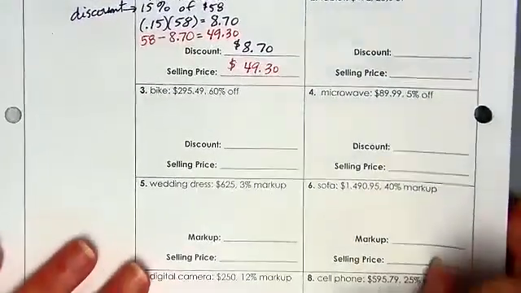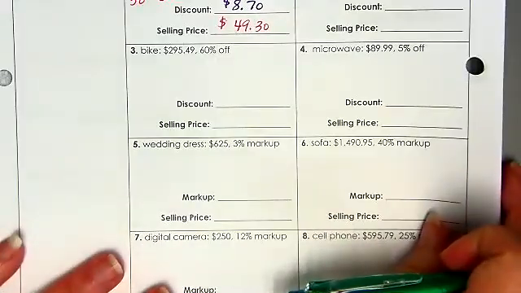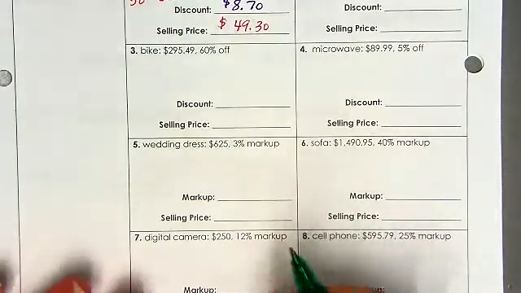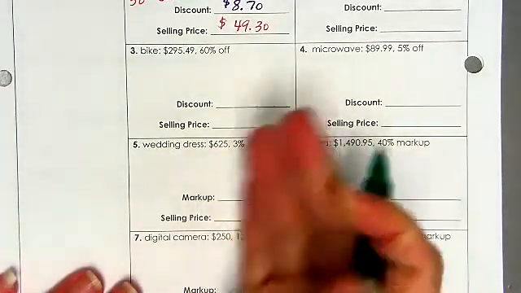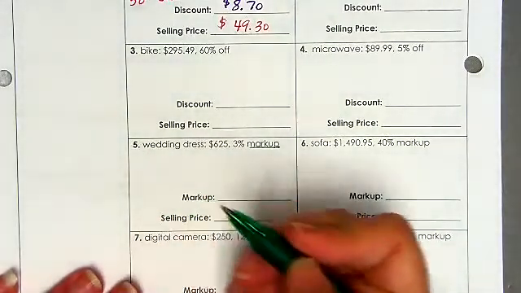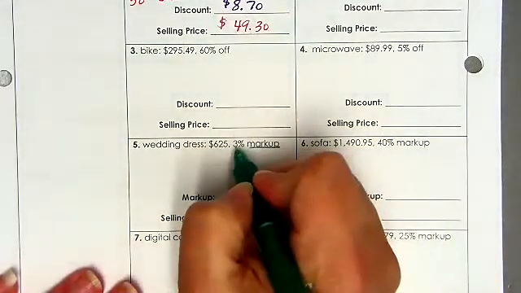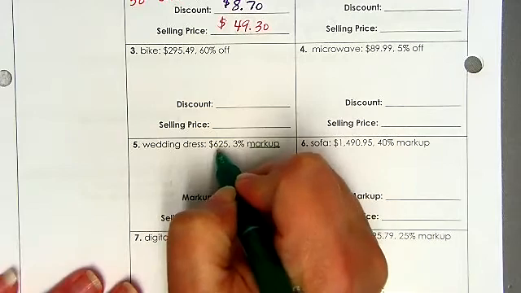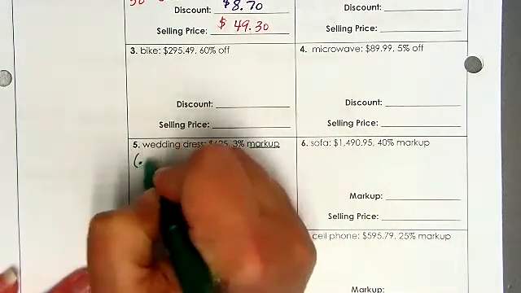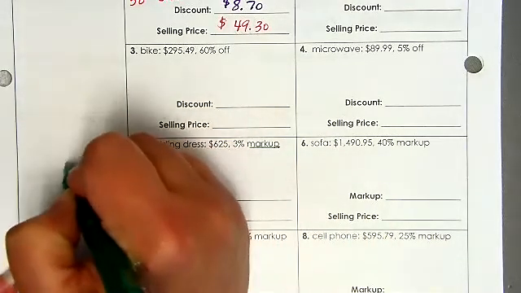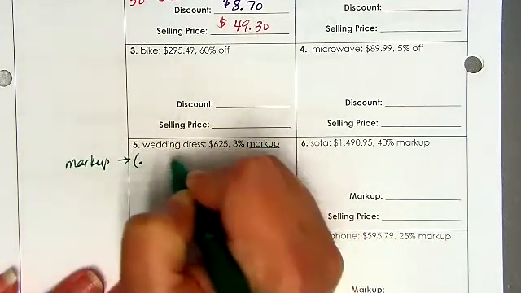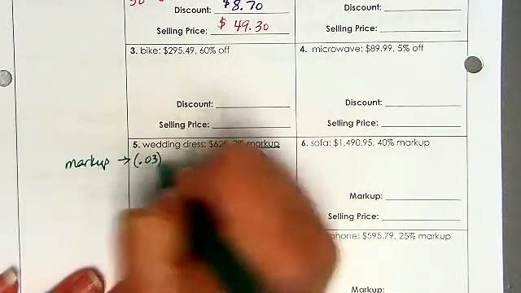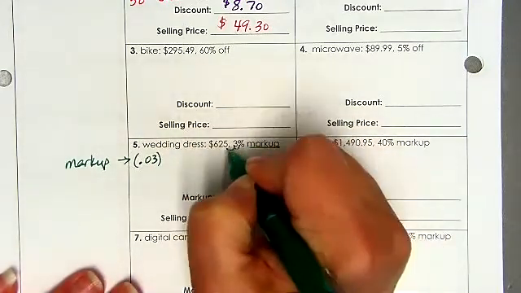All right, our next example. I'm going to jump down a little bit. We're going to talk about a wedding dress, okay? They mark those suckers up and make some money off of them. All right, so here we go. This is a markup. That means I'm going to be adding at some point, but I first have to figure out what is 3% of 625. So here's where I calculate the markup. So I have 0.03 because I've got to move 2 decimal places.